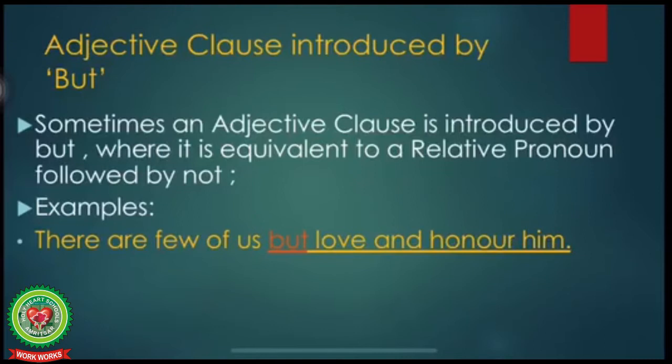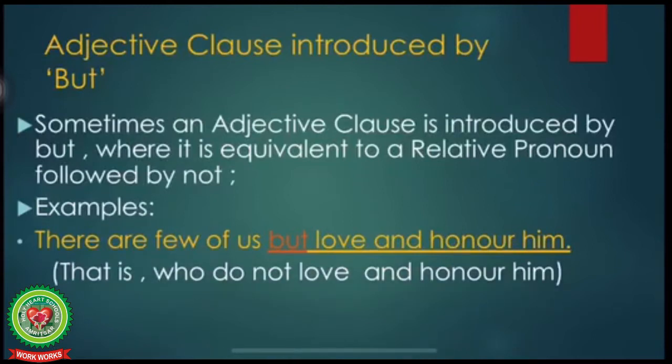So here, but is equal to who do not. So again, but here is a subordinating conjunction, and the part that follows, but love and honor him, is the subordinate clause. Right? So we can also write the same sentence as there are few of us who do not love and honor him.